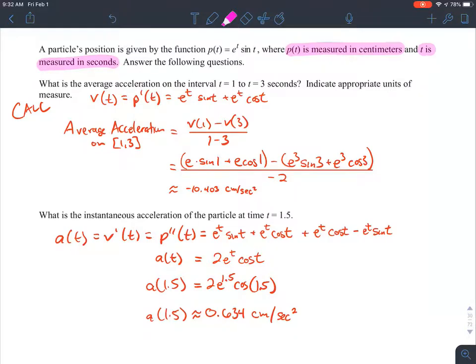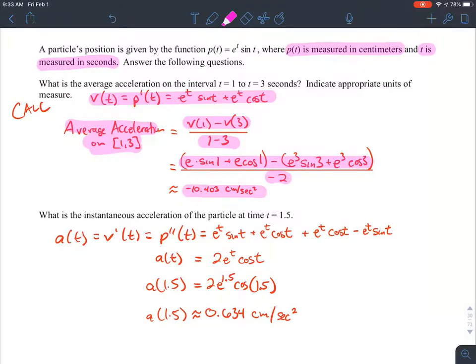To find the average acceleration, we have to know the velocity function, which is found by taking the derivative of the position function, which we found on the previous page. So to find the average acceleration on the closed interval from 1 to 3, we take the velocity at time 1 minus velocity at 3 seconds and divide that by 1 minus 3 seconds. Put those into the function above, you will get these numbers. 1 minus 3 is -2.